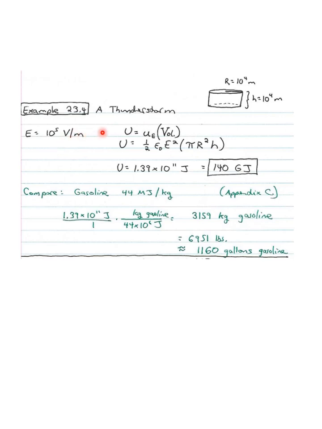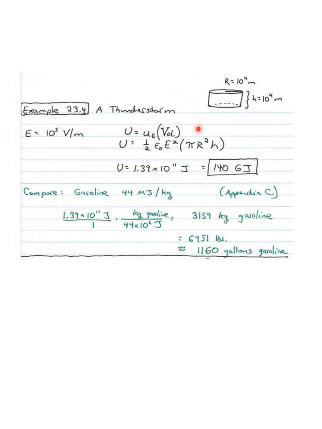So the total energy, and I'm using capital letter U, don't mistake that with the energy density lowercase u, but capital U, the total energy, is the energy density times volume. So remember, energy density is energy per volume.